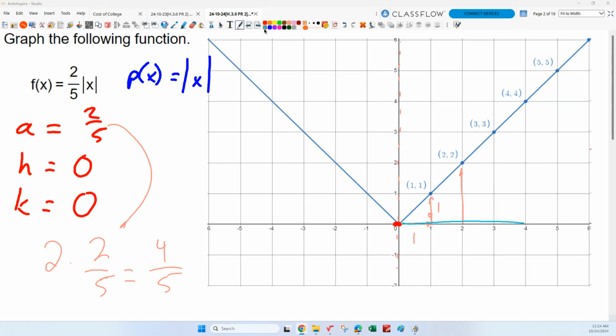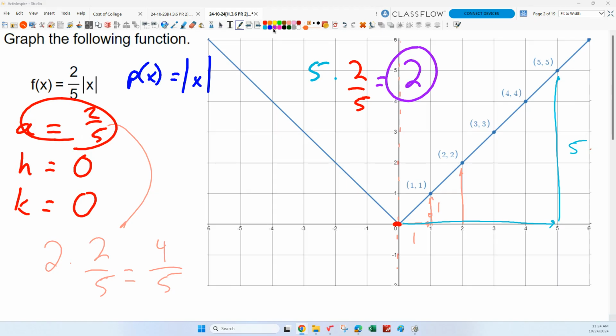If I travel over 5 from the vertex, my parent height is 5, but 5 times 2/5 is what? Is 2.